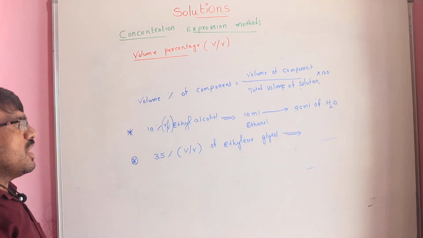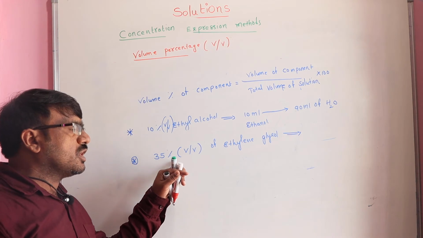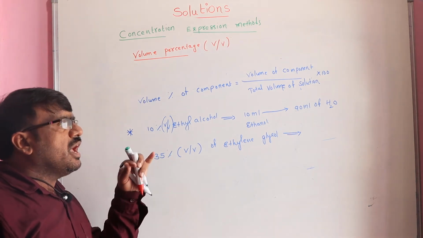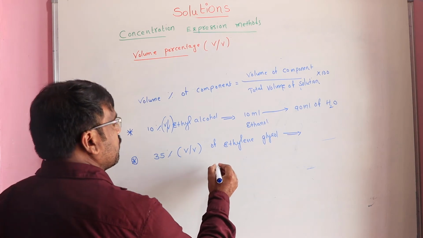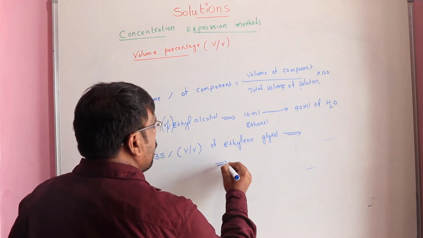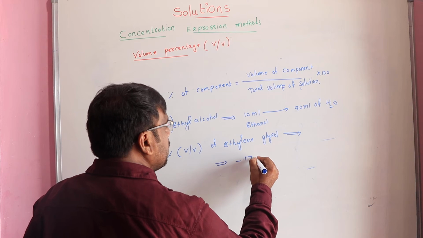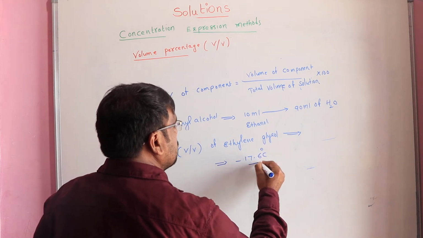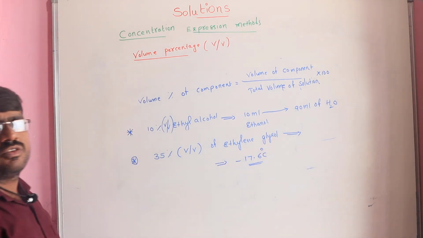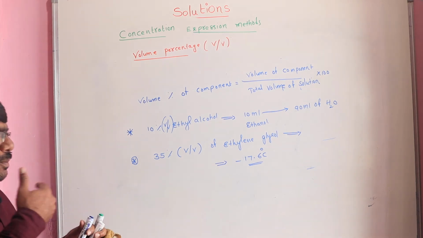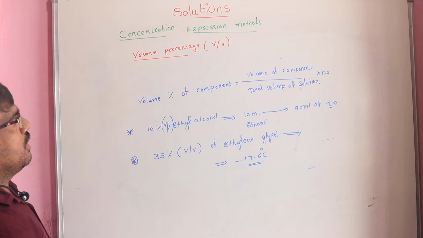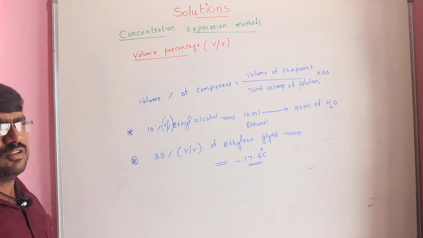Motor engines, we are using this solution as an anti-freezing agent. It decreases the freezing point of water up to minus 17.6 degree Celsius. So this is about the volume percentage.